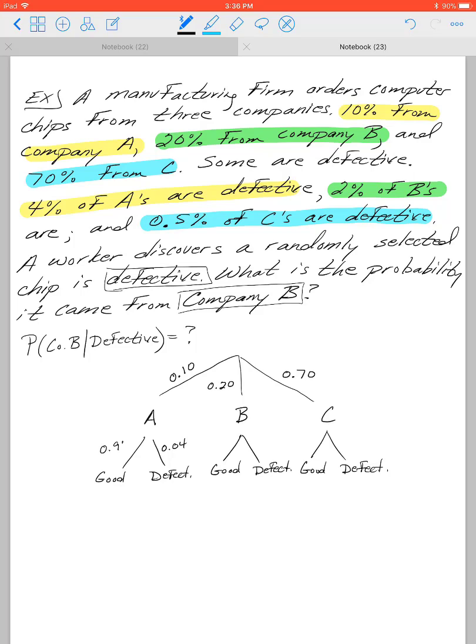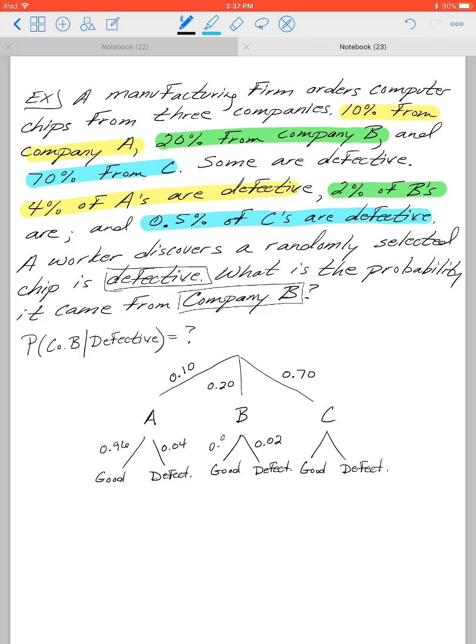Nice. Moving over here to company B, how many of theirs are bad? They have 2% bad. Okay, 2% of company B's chips are defective. Same thinking: we're going to think about company B in its own little section for a moment. If 2% are bad, then 98% are good.